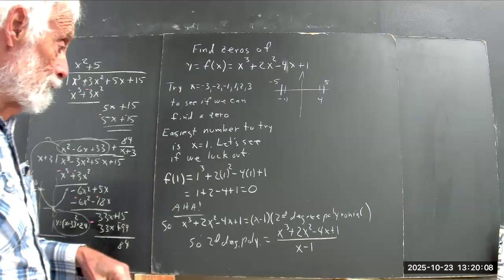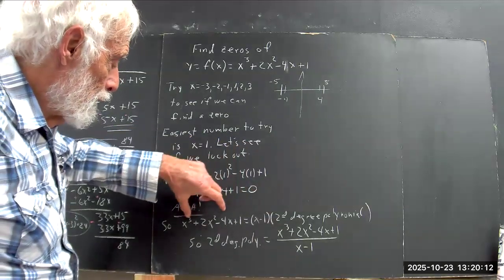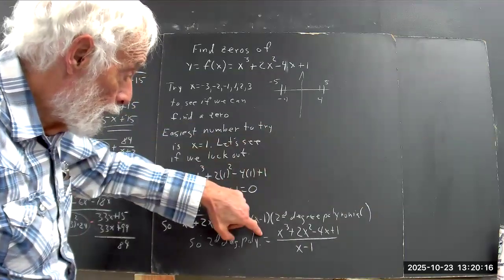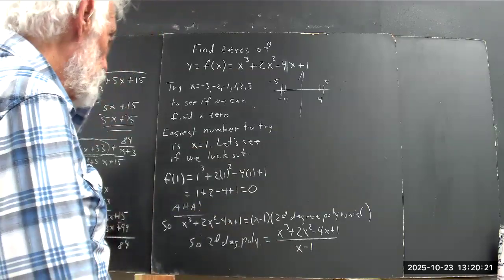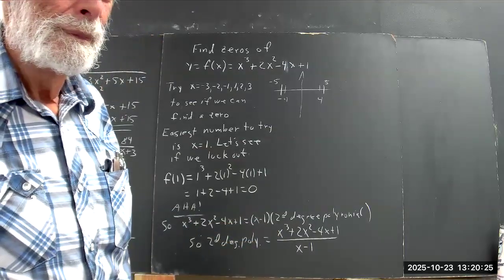That's simple algebra. Again, this equals this times this, so this equals this divided by this. Just divide both sides by x minus 1. It's a straightforward rearrangement. How do we divide this by x minus 1?